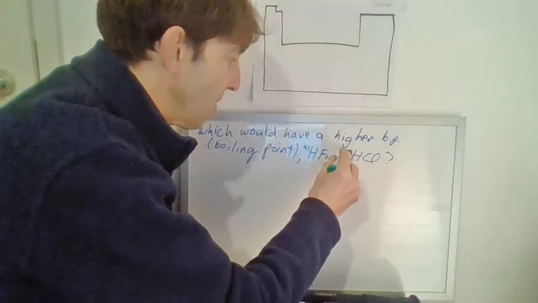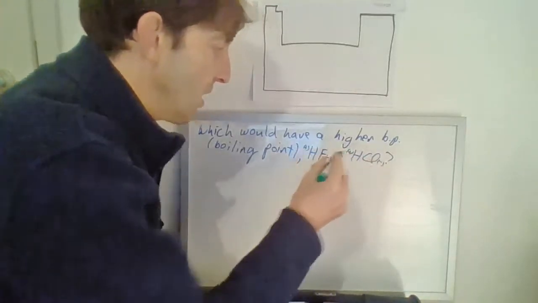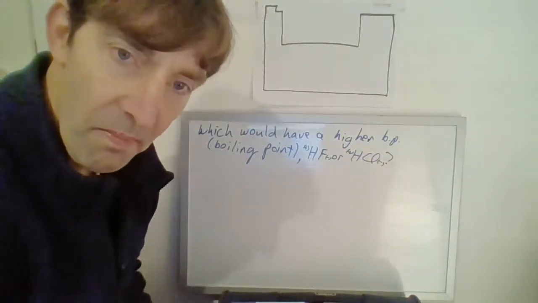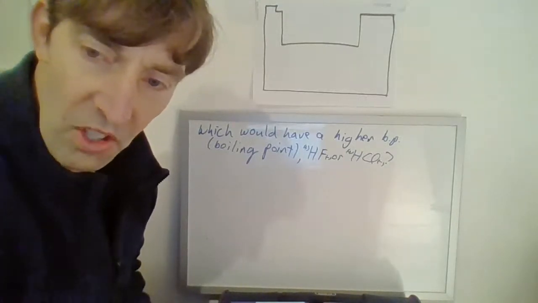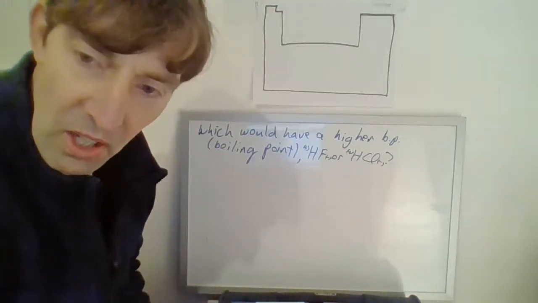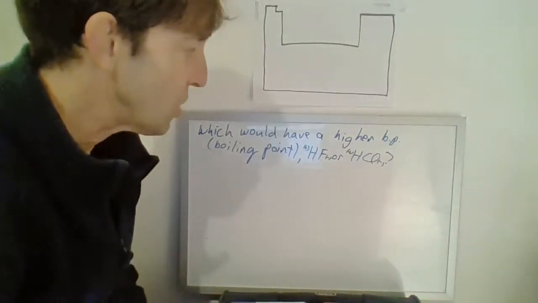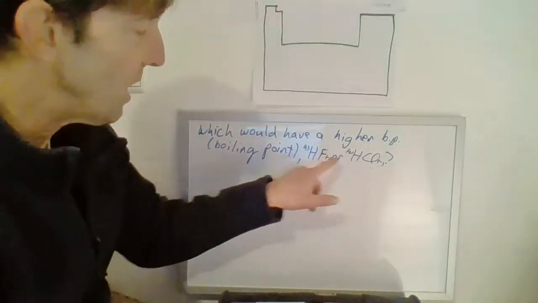Cl is also more electronegative, so minus plus. They both got dipoles, but what? Good, I got lots of correct guesses. HF is correct because F is more electronegative. And so it's got an even harder pull than Cl does.